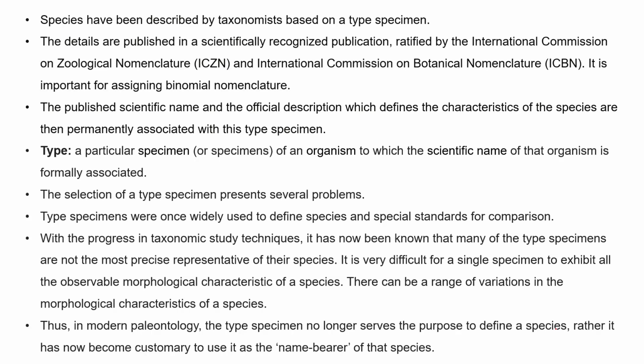So let us begin. Just to go through the introduction, we all know that the living as well as the fossilized organisms are given a common name as well as a scientific name. The scientific name has been described by the taxonomist, and that particular way of naming scientifically is called the binomial nomenclature.